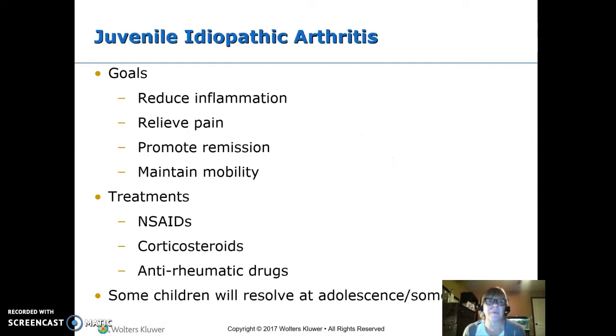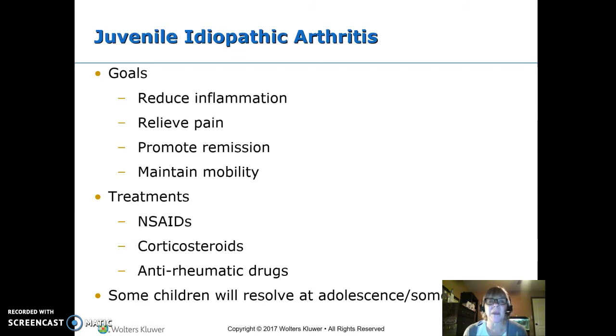Another disorder in here is juvenile idiopathic arthritis, or I'm used to that being juvenile idiopathic rheumatoid arthritis, either way. But this is inflammation of the joints. So our goal is to reduce that inflammation.